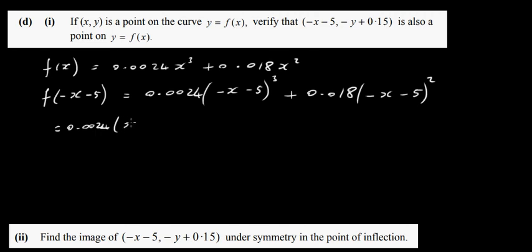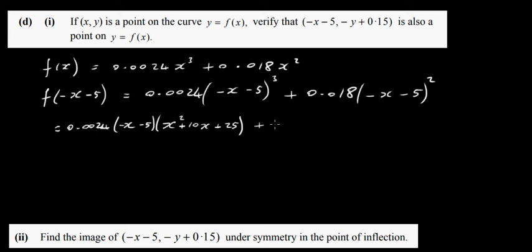Now I'll just do minus x minus 5 first, and we're just going to square this first, and then I'll multiply it by minus x minus 5 finally to cube it. So when you square this, if you take minus x minus 5, multiply it by minus x minus 5, you get x squared plus 10x plus 25.